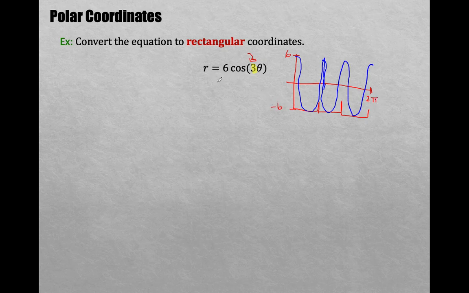All right, now let me go and get this into rectangular form. Unfortunately, what you are going to have to use is an identity to expand this. Now, I don't expect you to remember, and we didn't test you on in the first semester, the identity for 3 theta.